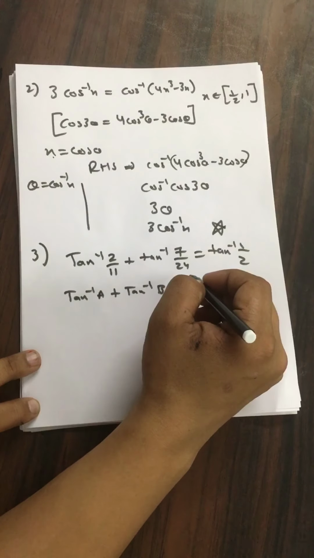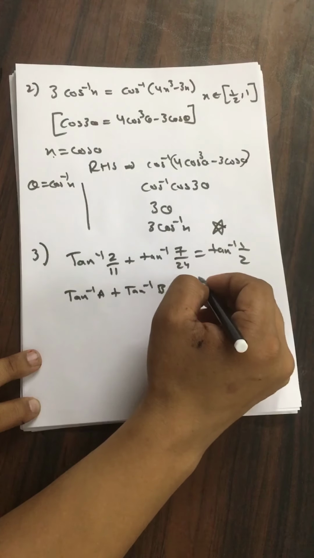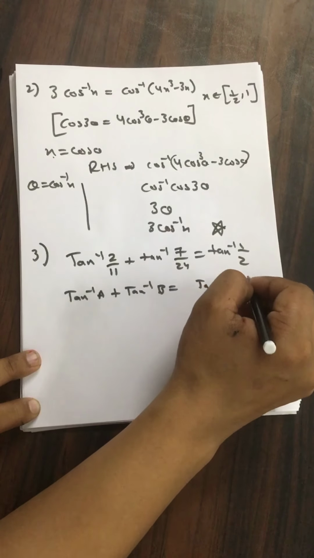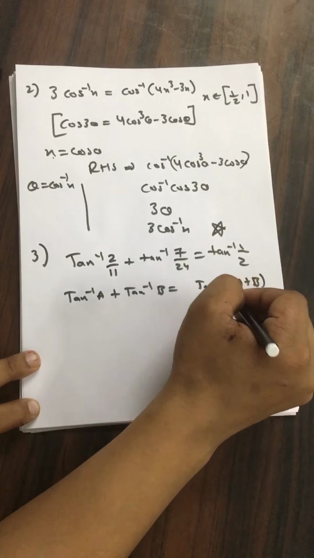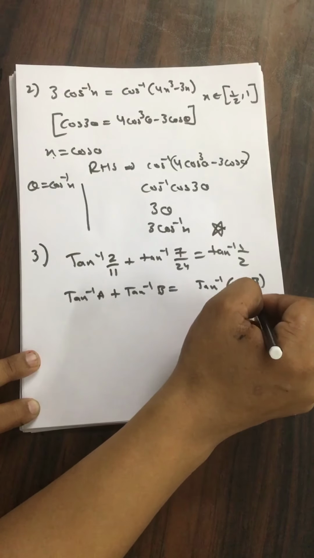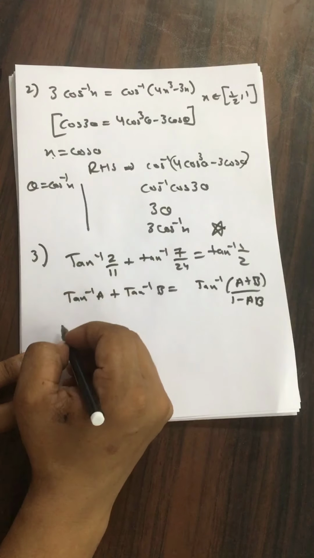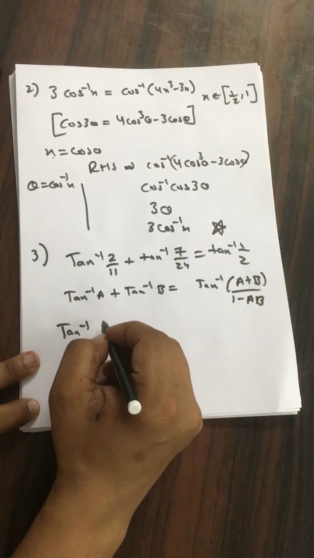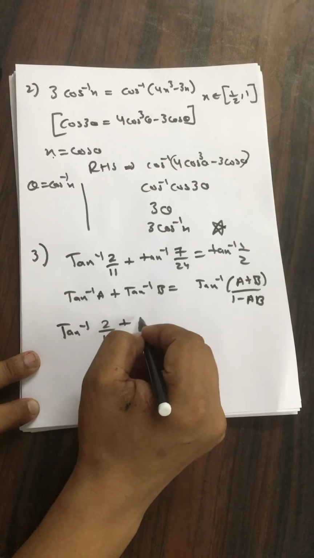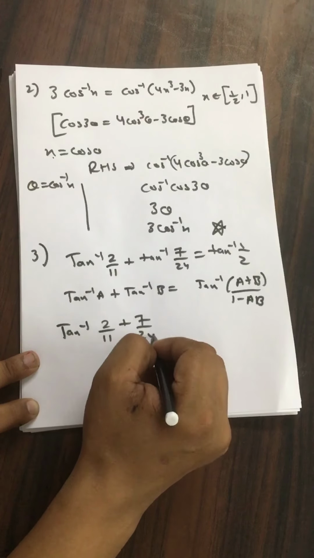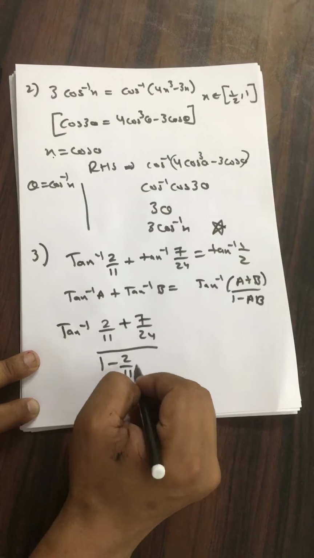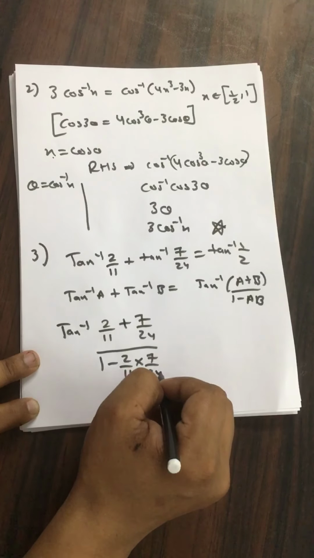Remember? This was tan inverse of A plus B upon 1 minus AB. So we can use over here tan inverse of 2 by 11 plus 7 by 24 upon 1 minus 2 by 11 into 7 by 24.